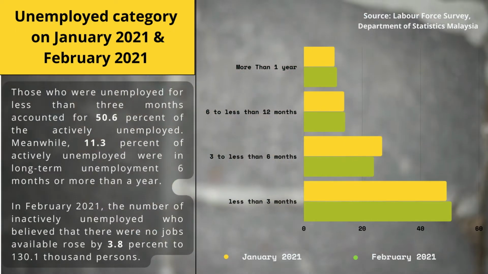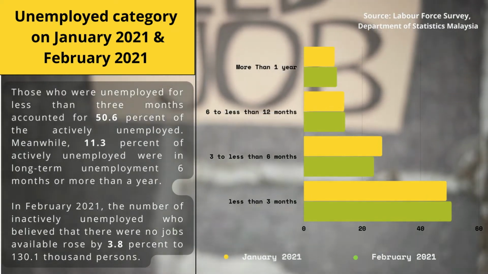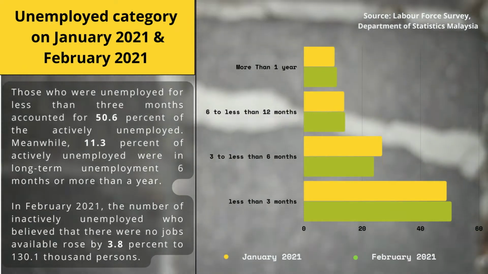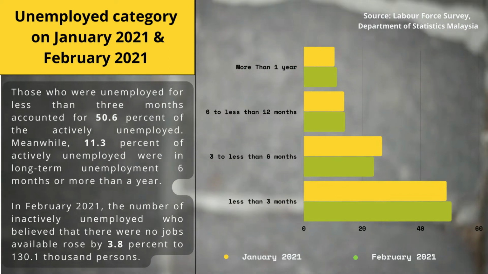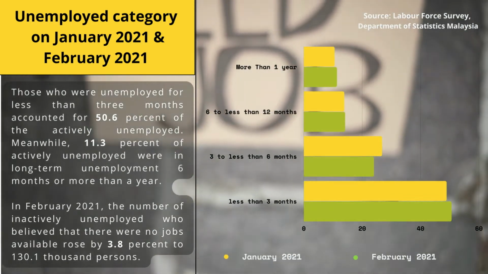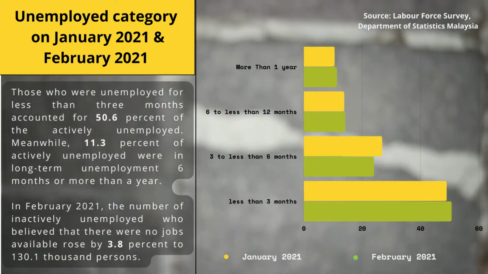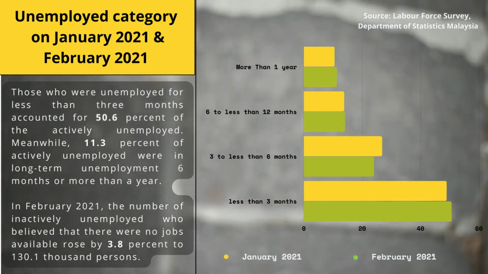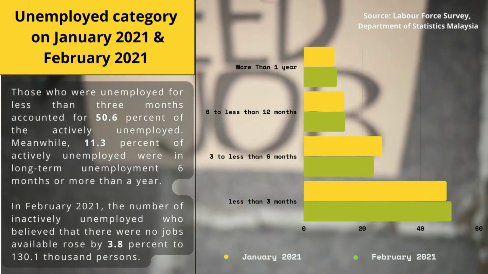Those who were unemployed for less than 3 months accounted for 50.6% of the actively unemployed. Meanwhile, 11.3% of the actively unemployed were in long-term unemployment, 6 months or more than a year. In February 2021, the number of inactively unemployed who believed that there were no jobs available rose by 3.8% to 130.1 thousand.